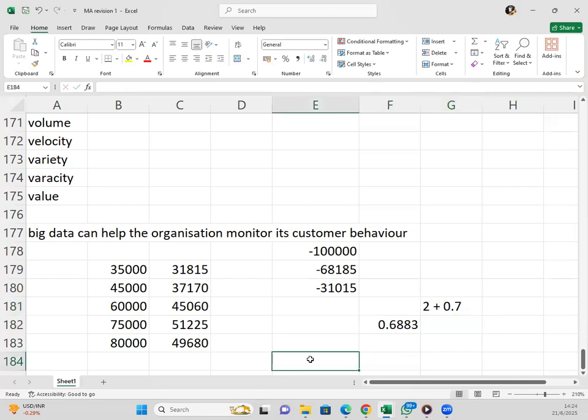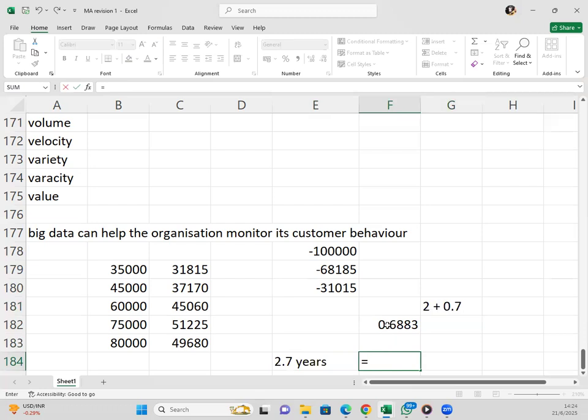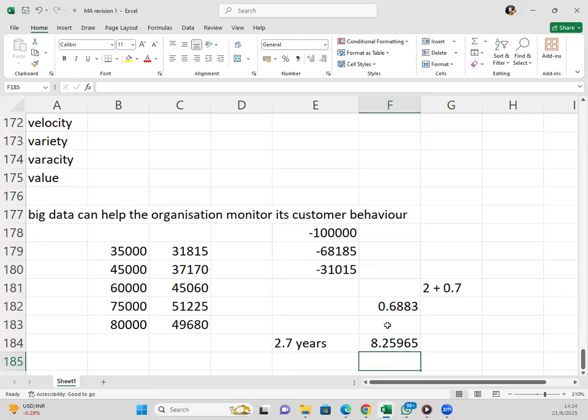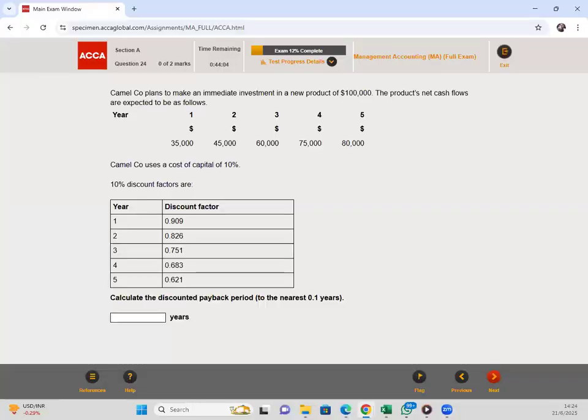If you are putting it in months, you multiply by 12, so it would be 2 years, 8 months. But the question didn't give you the option to give in years and months, so you just leave the answer in years. Something like 2.7.